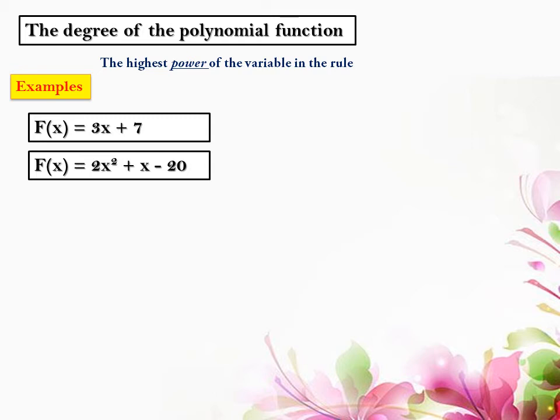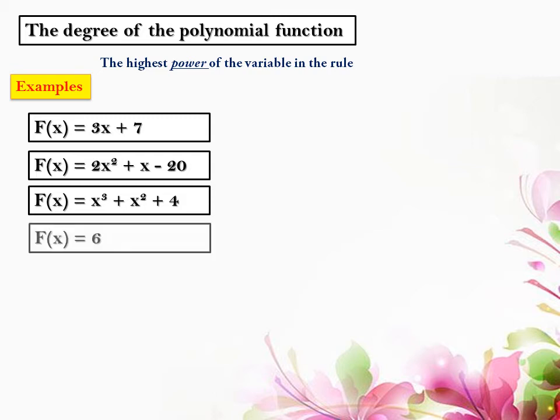f of x equals 2x power 2 plus x minus 20. f of x equals x power 3 plus x power 2 plus 4. Finally, f of x equals 6. In the first example, the highest power of the variable, where the variable here is x, is 1.